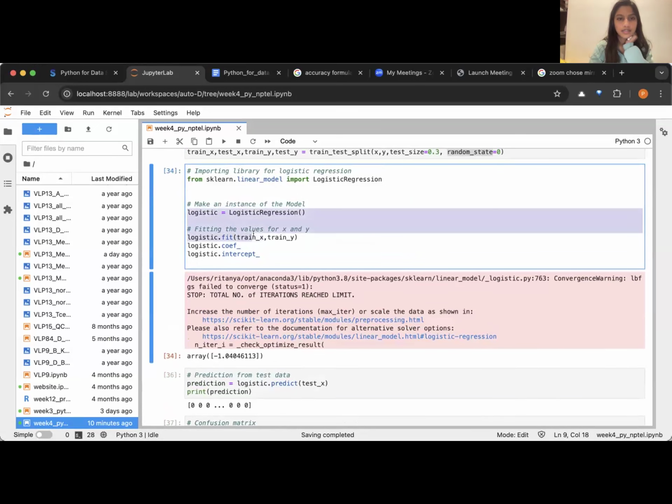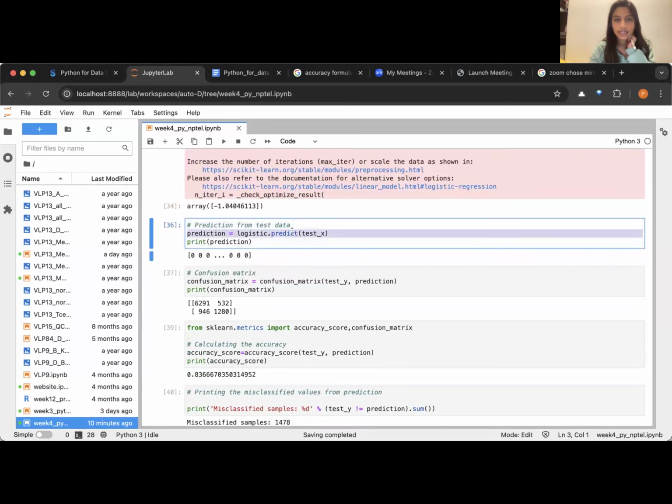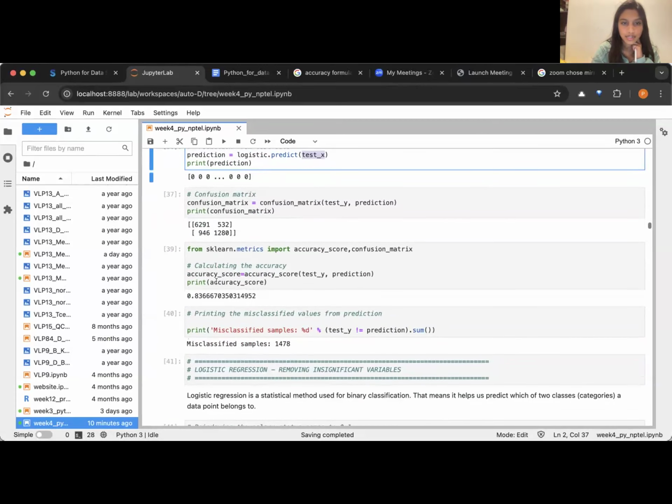You're fitting the model and then you're predicting Y using the test X. Again, your confusion matrix. Again, you're calculating the accuracy. You could see that this logistic regression is slightly better. Earlier KNN gave you 83.5% accuracy.